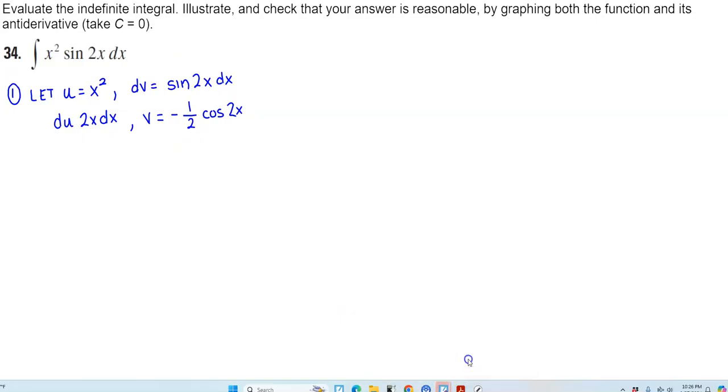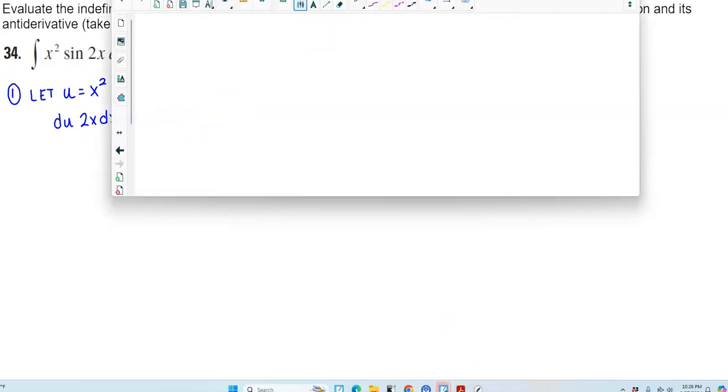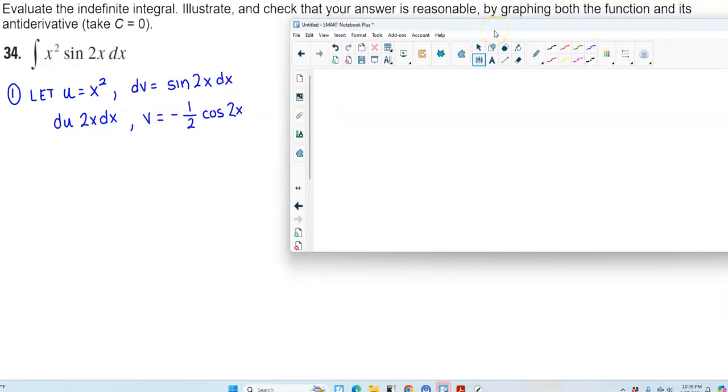Now, if you need to check that out, just remember that if you take the antiderivative of the sine of 2x dx, we let u equal 2x, and then du is equal to 2 dx, and then divide both sides by 2.